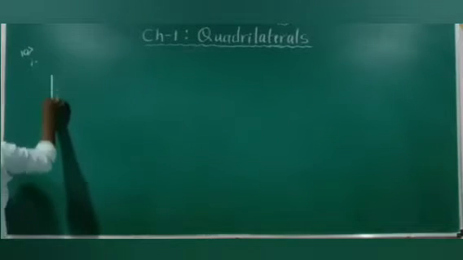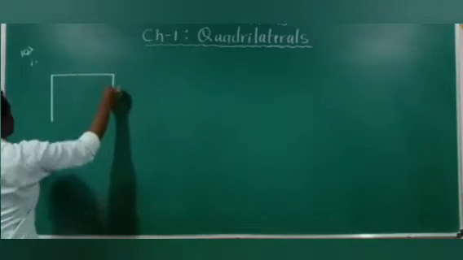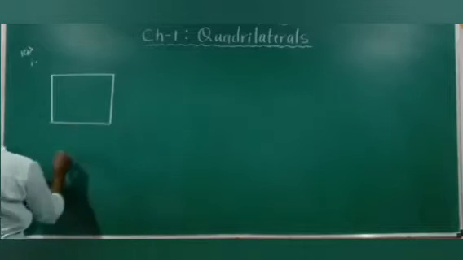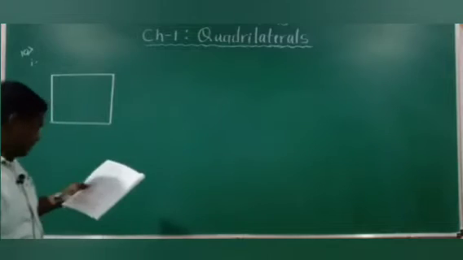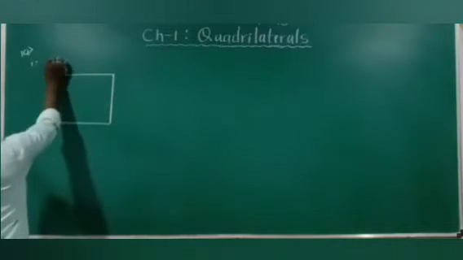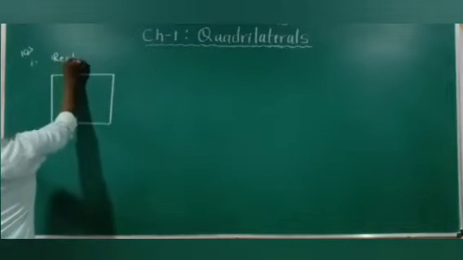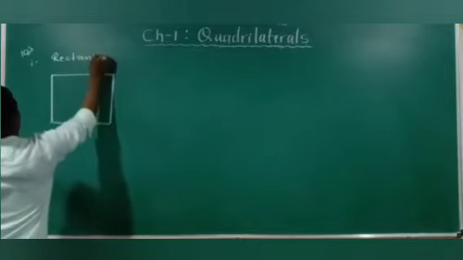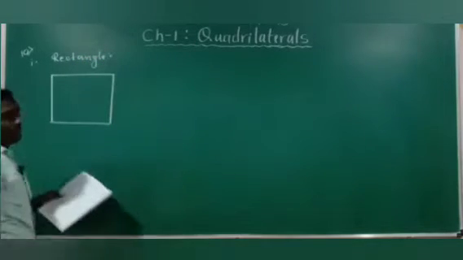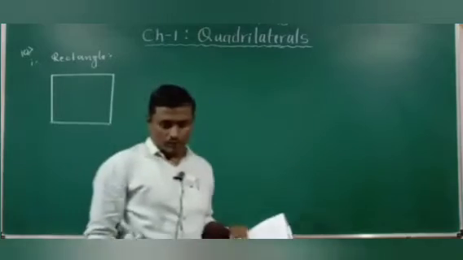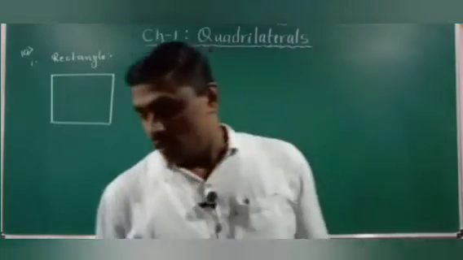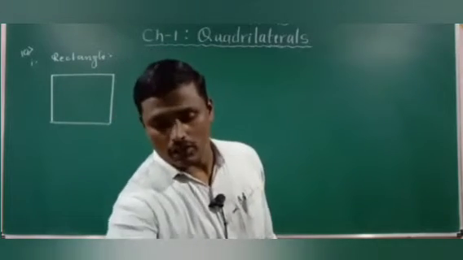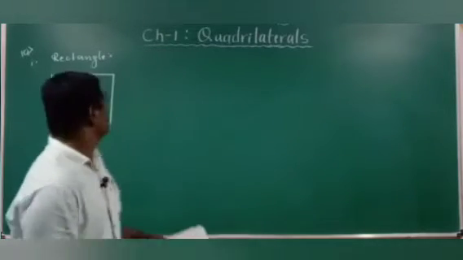they already gave here which type of quadrilateral, whether it is rectangle or square or rhombus or parallelogram. So the first one is a rectangle. Rectangle is also one of the parallelograms in which opposite sides are equal and parallel.